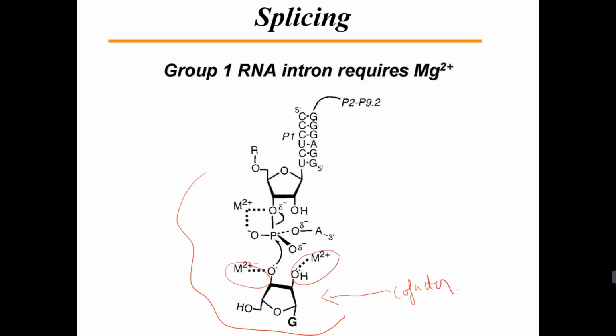And again, here would be our paired regions between number 9 and number 2, and where our first transesterification reaction needs to occur. We have our 5' end up here, followed by a 3' attacking that phosphate using the 3' hydroxyl that's come in from the guanosine cofactor.